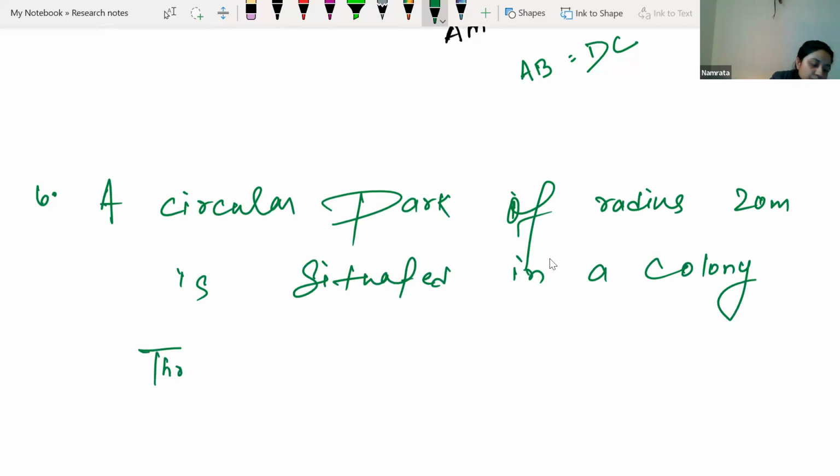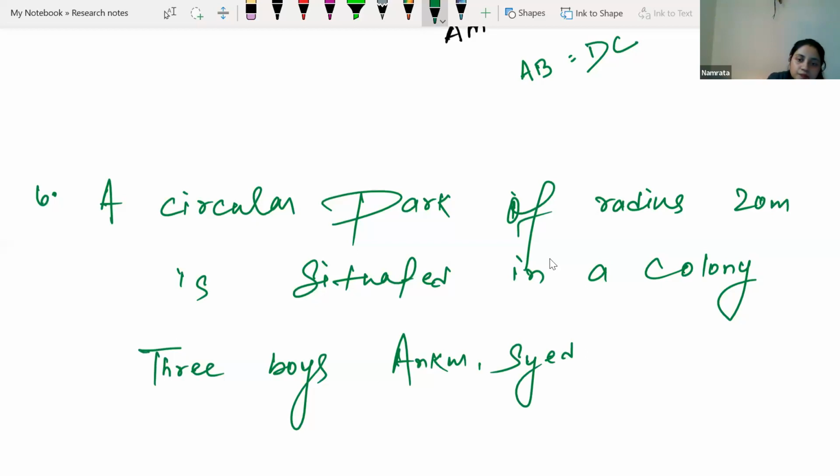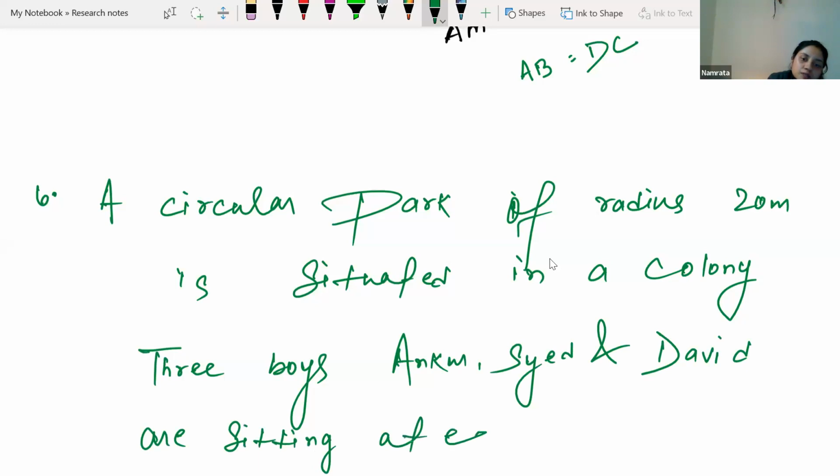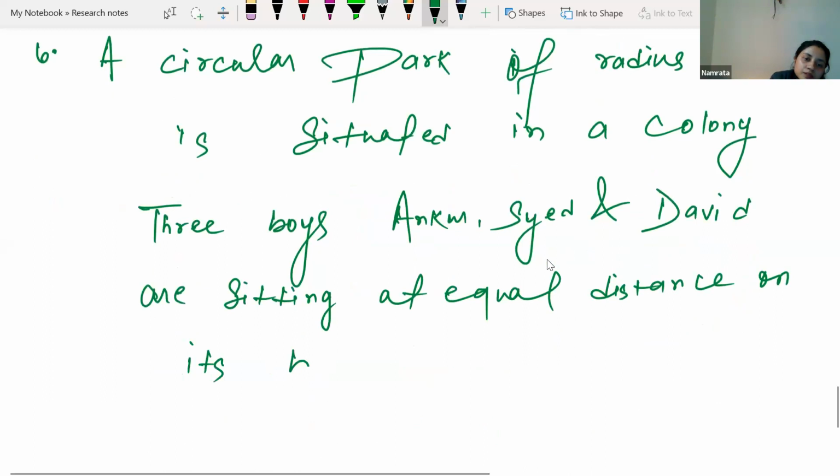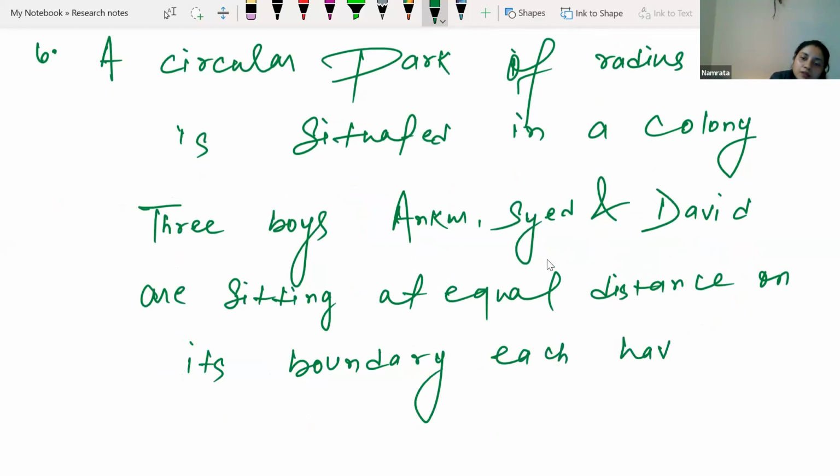Three boys, Ankur, Syed, and David, are sitting at equal distance on its boundary, each having a toy telephone for talking with each other.